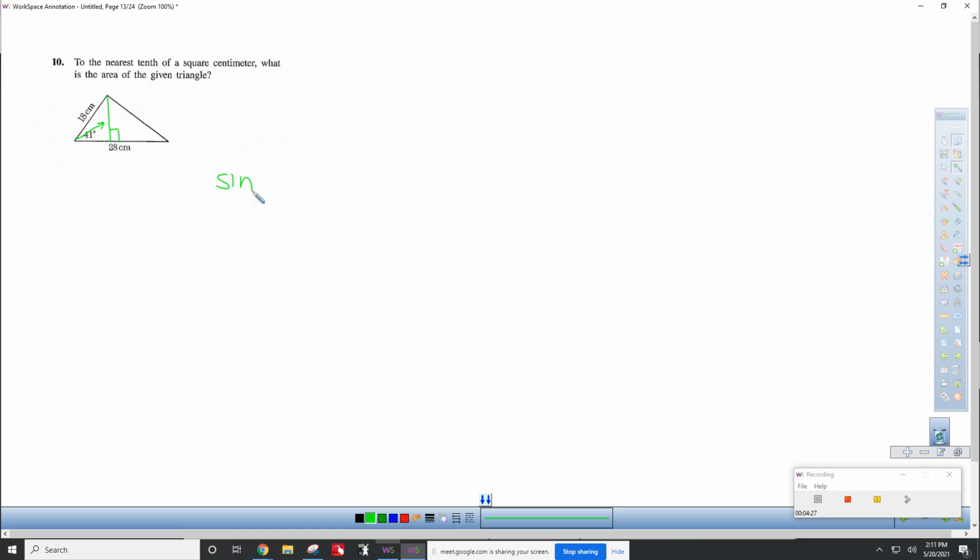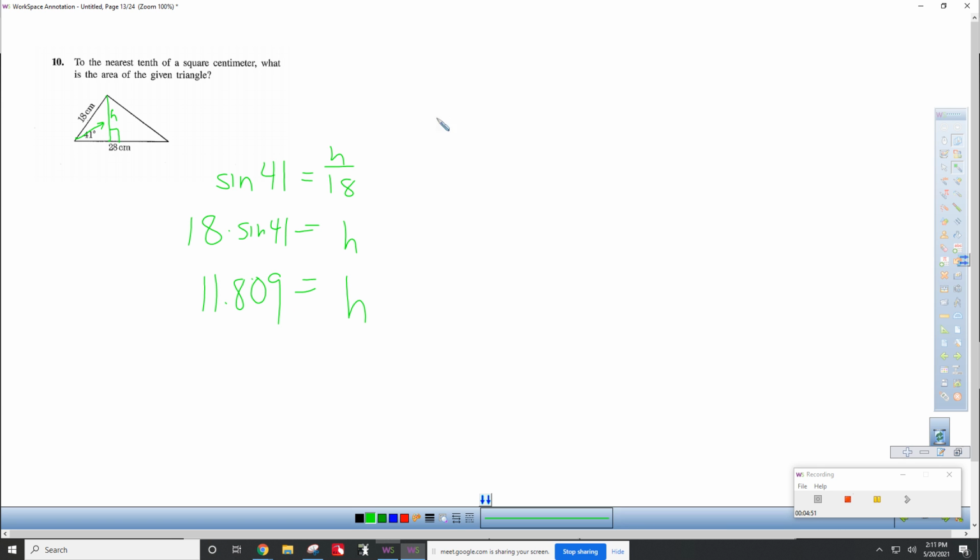So sine of 41 is, we'll call that h, over 18. So h is 18 times the sine of 41. So h is 11.809, and that makes sense.